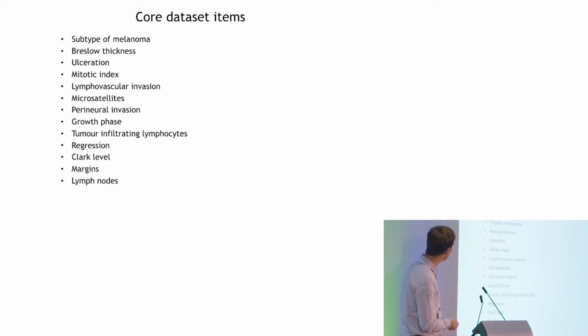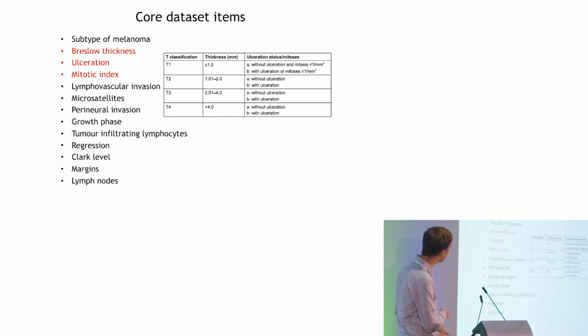So this is the list of the core data set items that are essential to include in any pathology report for melanoma. And you can see it's quite a long technical list. So if you wanted to prioritize the most important information to take away from this, I'll highlight these three factors in red: the Breslow thickness, the presence or absence of ulceration, and the mitotic index, as probably the most important ones to remember, because these three factors will directly influence the staging of the melanoma, particularly the T stage.